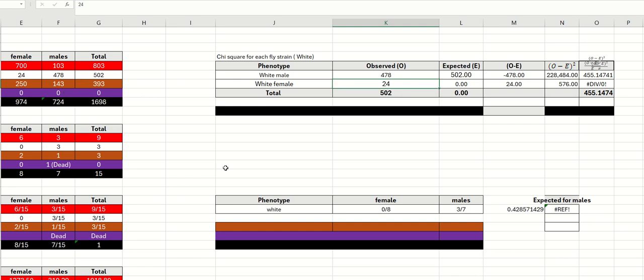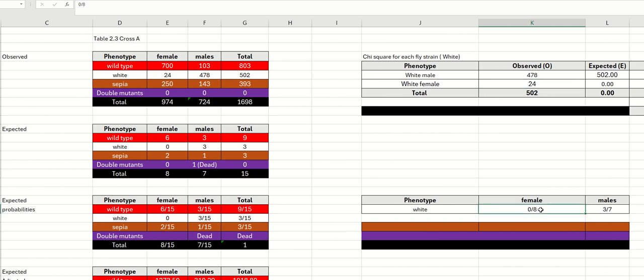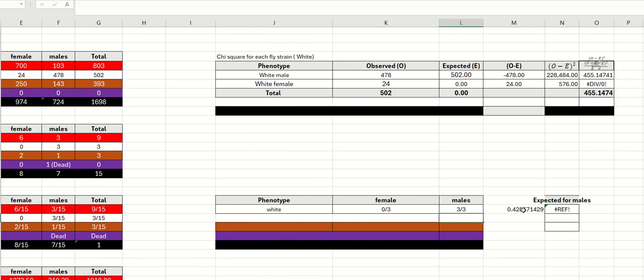You need to take this one, and the expected for females will be 0 out of 3, and here 3 out of 3 for the males, and this will be the total.